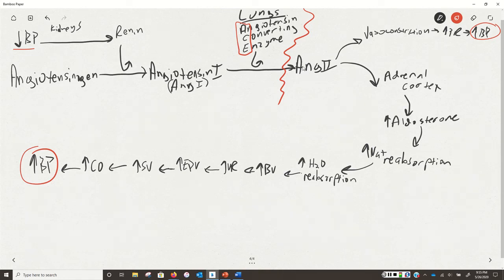And if we don't have Ang2, then we don't get all of this top row, and we don't get this bottom row. And that's what we want if someone has high blood pressure. So, like I said, keep that picture handy. Hopefully you drew it along, and keep it handy because when we get to kidneys, we're going to take this exact picture out and we're going to add to it.